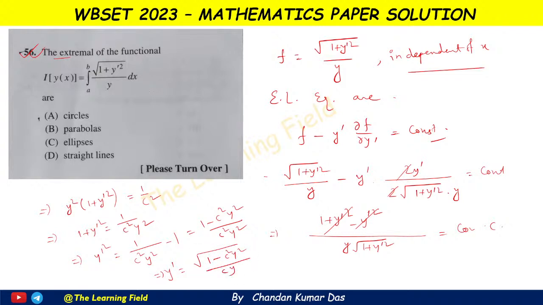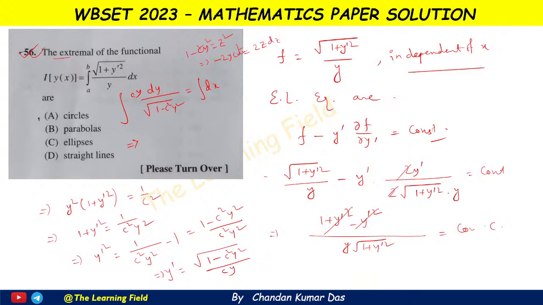Now y dash means dy dx, so cy dy by root under of 1 minus c square y square is equal to integration of simply dx. This is the case. Now if we put 1 minus c square y square equal to z, then this gives minus 2y c square dy, equal to, put z square, then this gives 2z dz.